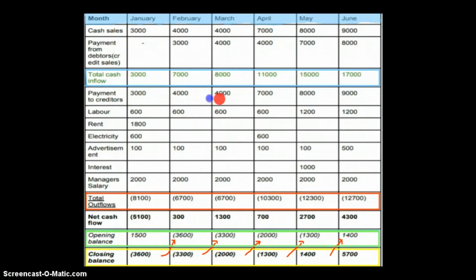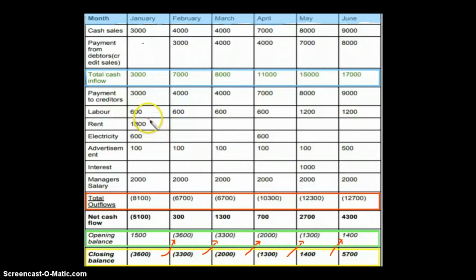It was the 50% value of your sales made, which is the same as cash sales, because cash sales were also 50%. The payment that you're making to your creditors is also 50% of total sales. Okay, so just keep that in mind. It's a little confusing, but you have to read it again and again to clarify this topic point.